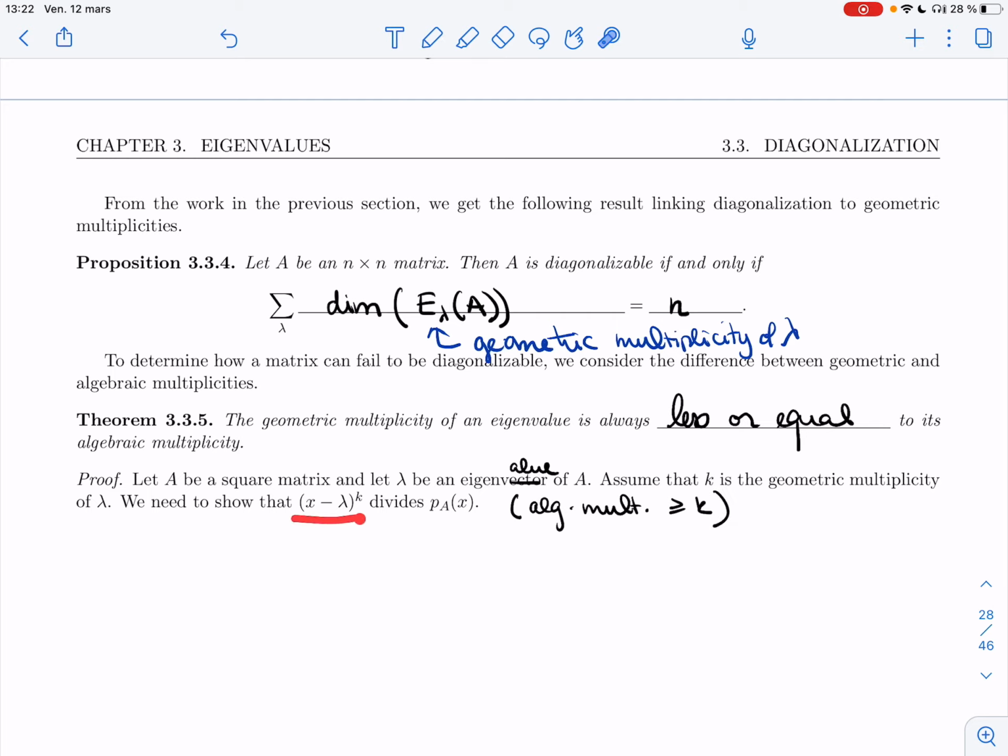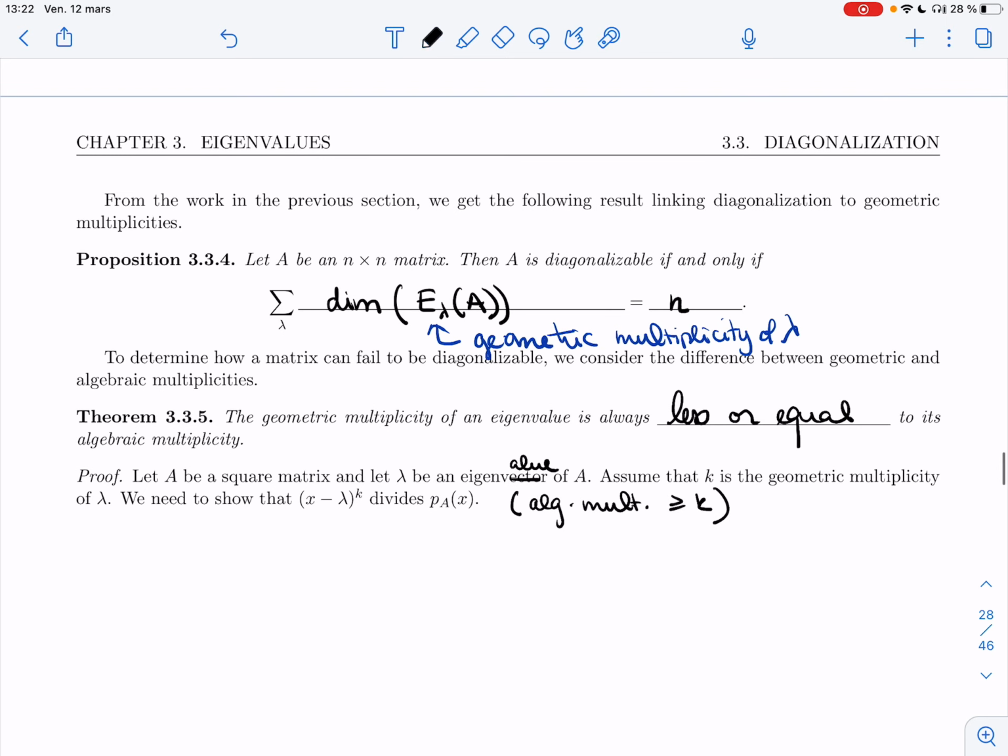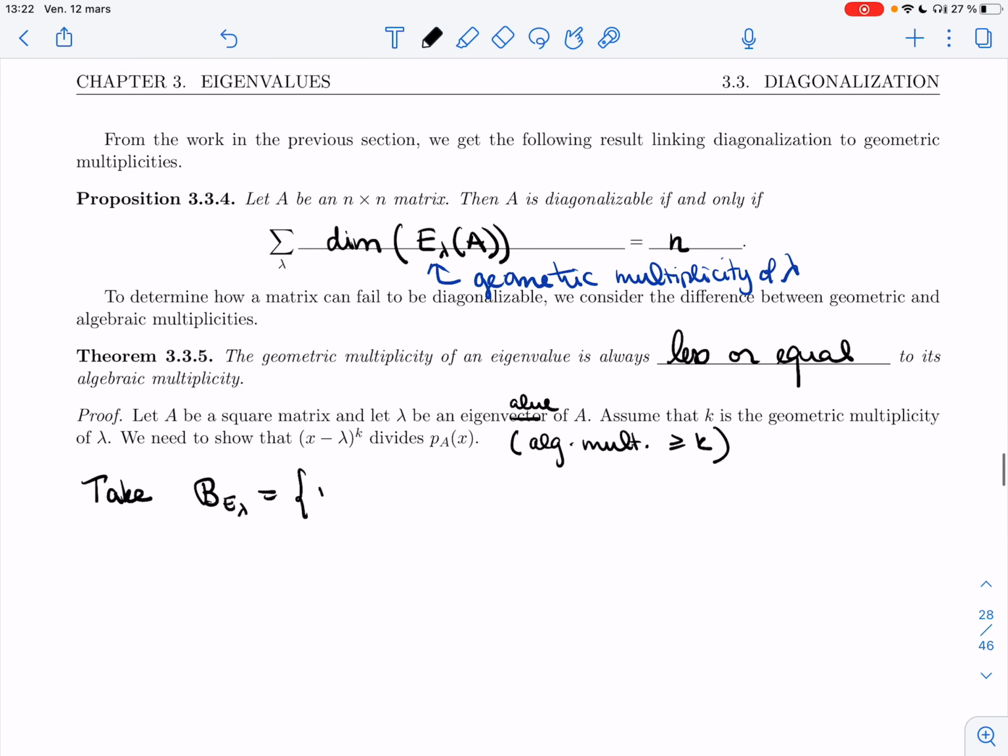We're saying that this divides, but we're not saying that a higher power doesn't divide. So we're going to take a basis for E lambda, say v1 through vk.